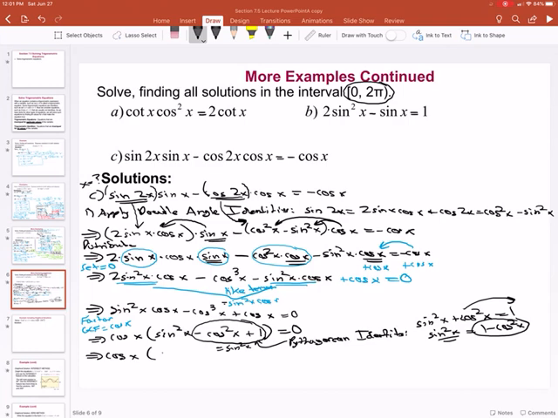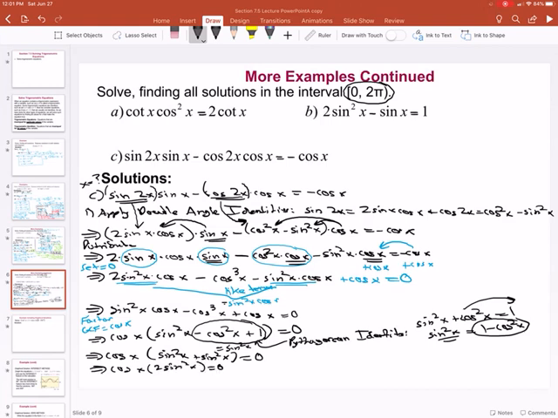This is equal to sine squared x plus sine squared x, so we have 2 of them equal to 0. So cosine x times, I shouldn't say sine cubed, 2 sine squared x, as we add those 2 terms together, equals 0.